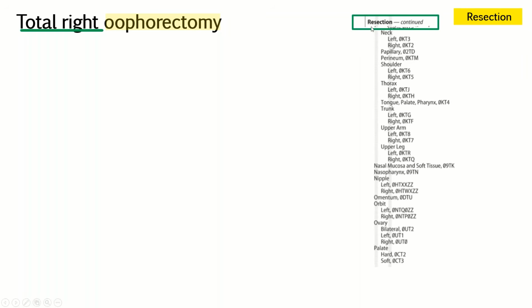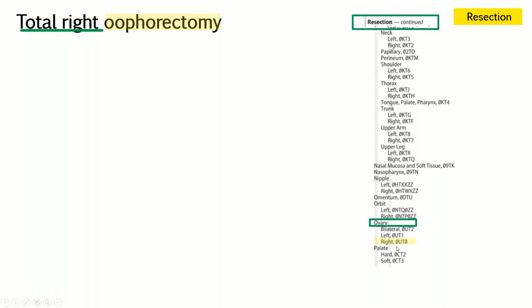If you studied your root operations, you would have studied that cutting out or off without replacement all, keyword, all of a body part, that is your root operation, resection. Right, so when it's completely removed, it's a resection, and we're going to the resection section. What are we resecting? We're going to resect the ovary. Which one? The right one.